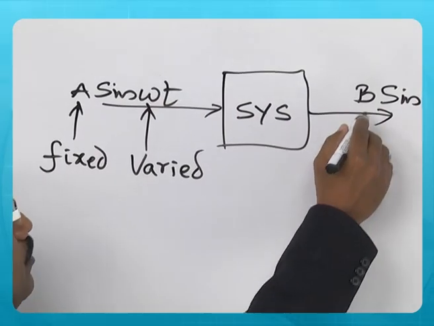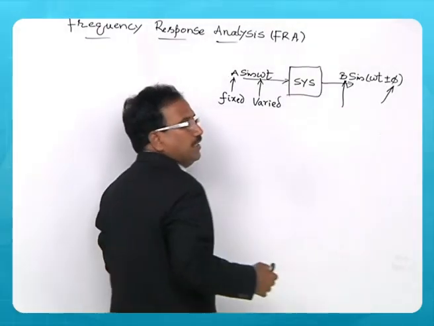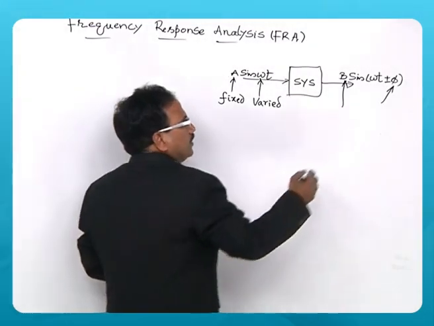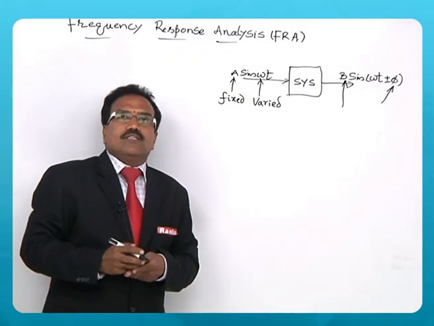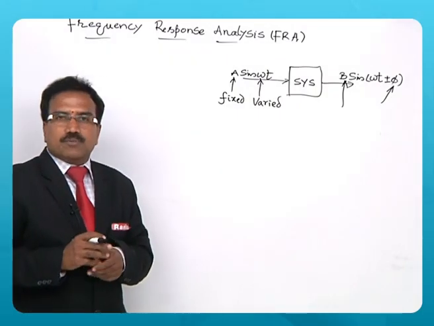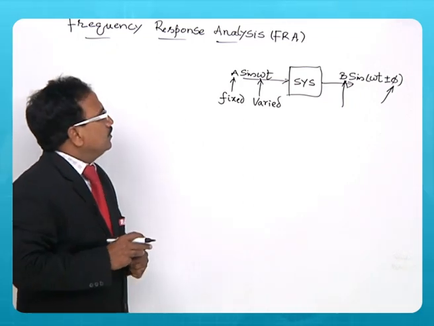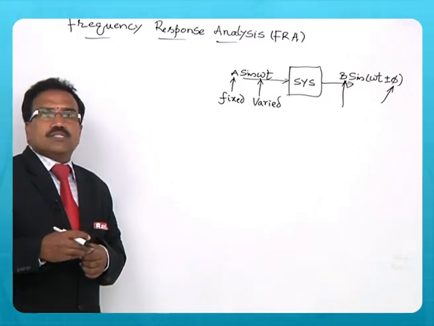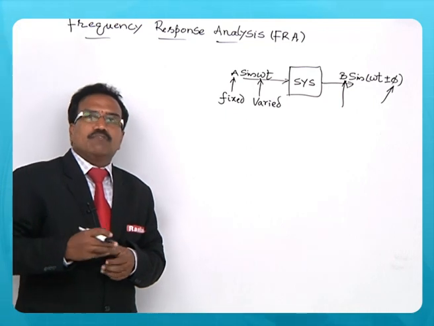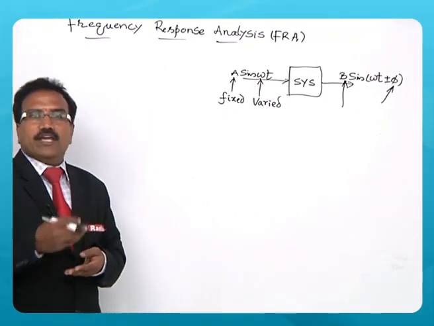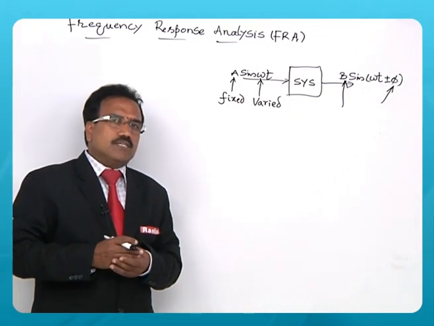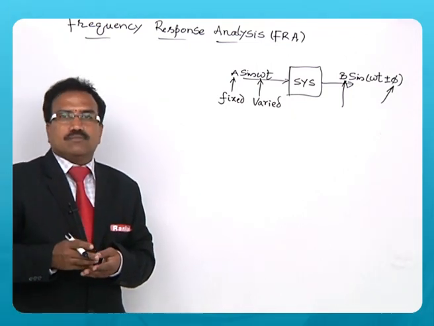How the output, that means B is the magnitude and phi is the phase angle, how they vary is the main motto of frequency response analysis. So, there are various plots which we are going to draw, like Bode plot, polar plot, Nyquist plot. All these curves are frequency response curves.